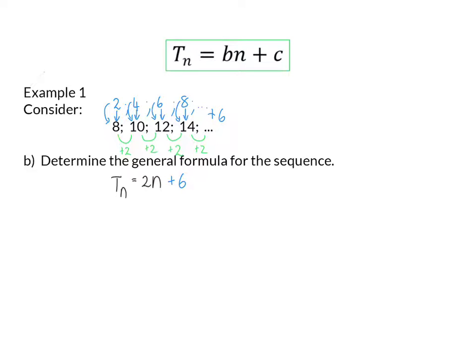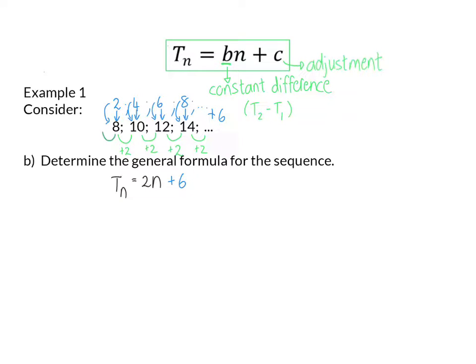This shows that the b in the general formula will always be the constant difference that we have, and the c value is the adjustment that you need to make to get to the actual sequence.